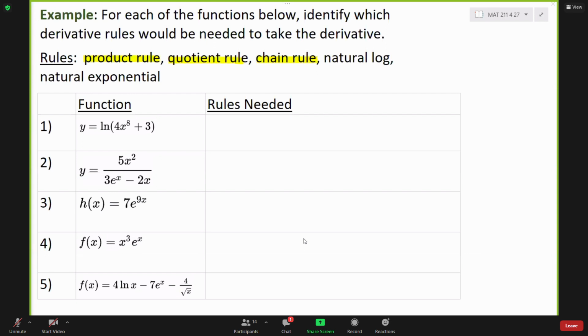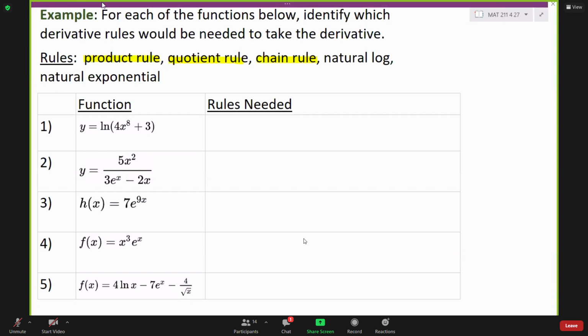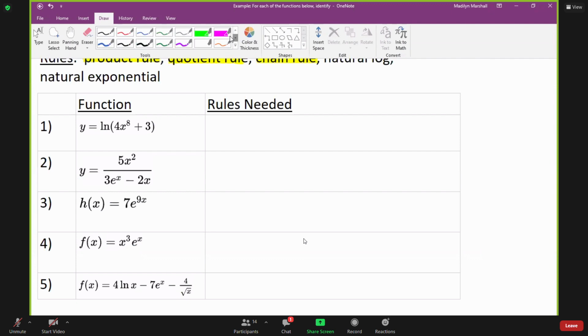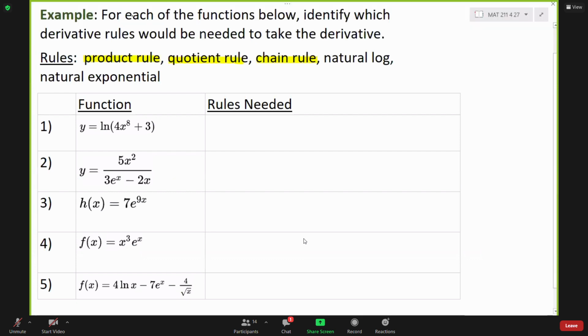Okay, so most people did choose number 4, which is correct, but there's a lot of choices for others. So let's talk about this. The product rule is specifically when we are multiplying 2 functions together. So it's not just when we have like 5 times something. It has to be 2 functions with x's in them.